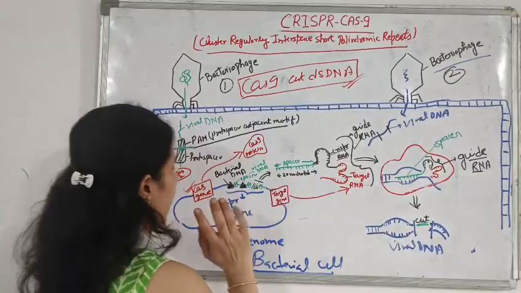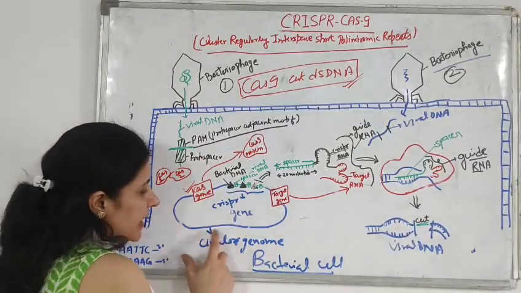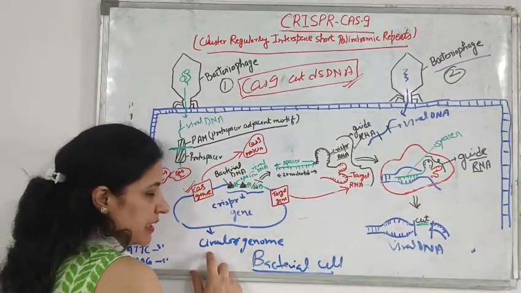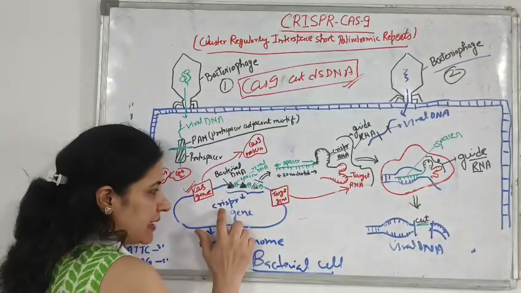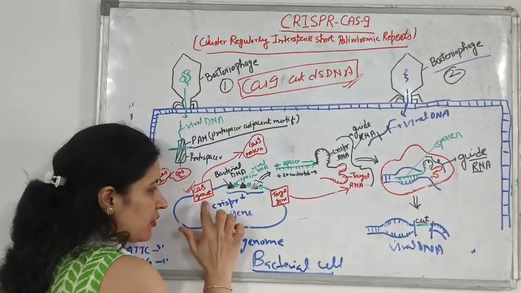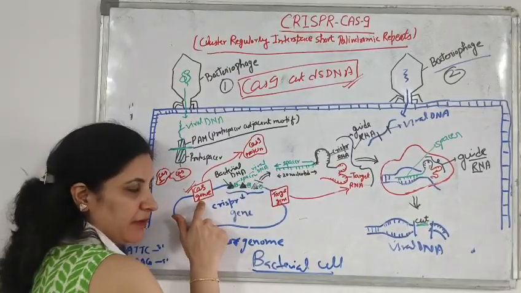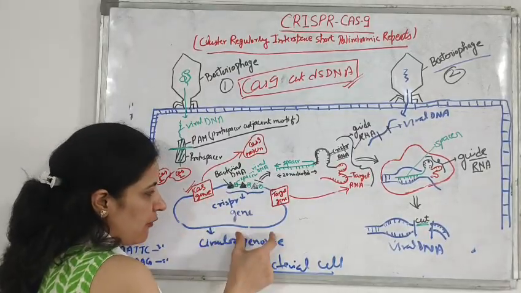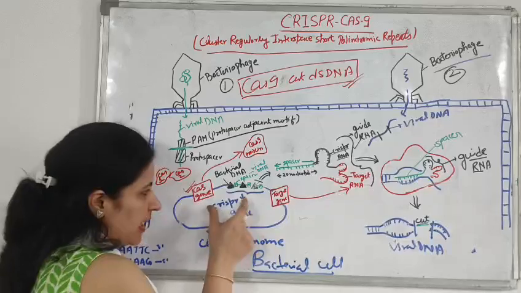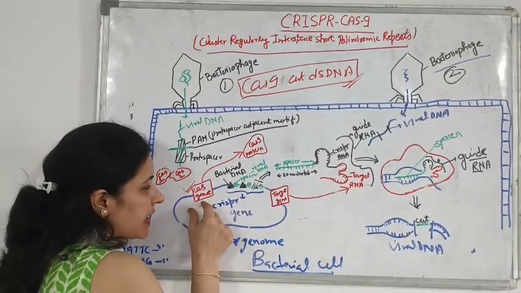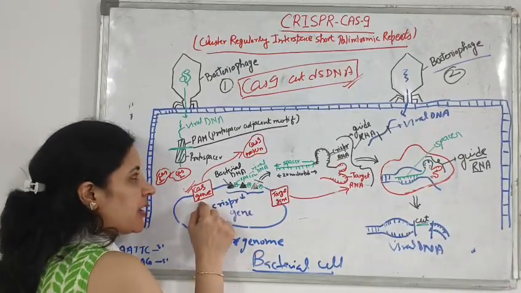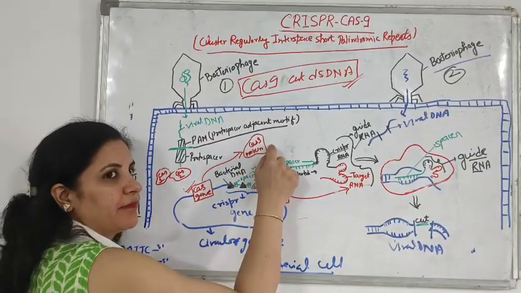Alright. Now let's understand: in this circular genome of bacteria, beside this CRISPR gene, the circular genome also consists of the Cas gene. Okay. In the circular genome of bacteria, one is the CRISPR gene, and beside this CRISPR gene there is a Cas gene, and this Cas gene will form the Cas9 protein.